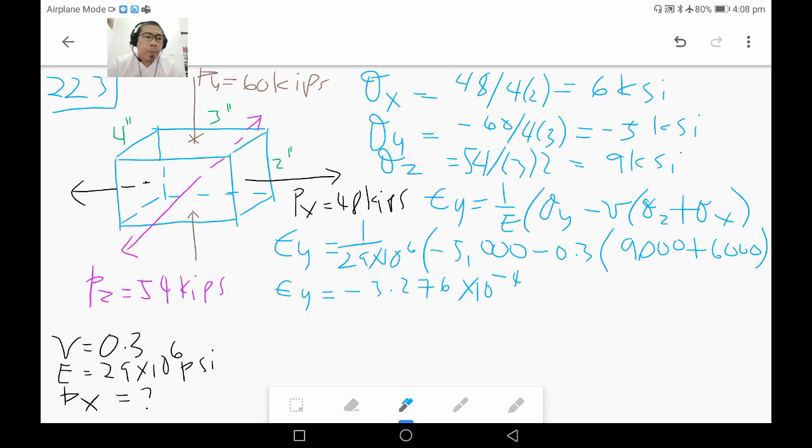Pwedeng ganun, no? Okay, since alam na natin yan, and from your book, sabi doon, yung Poisson's ratio daw equals the strain in Y over strain in X, no?